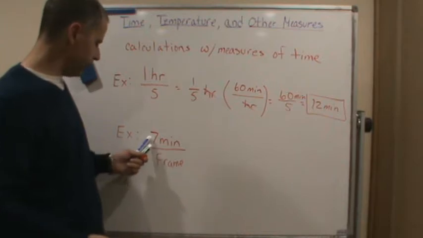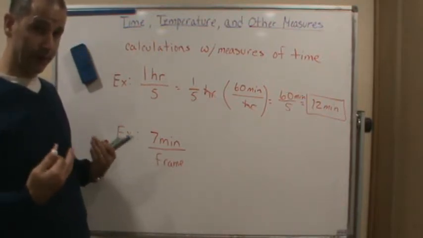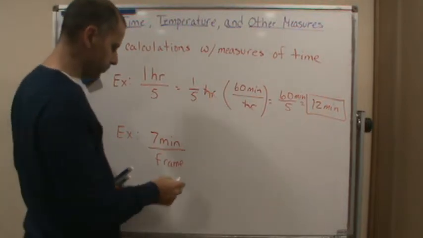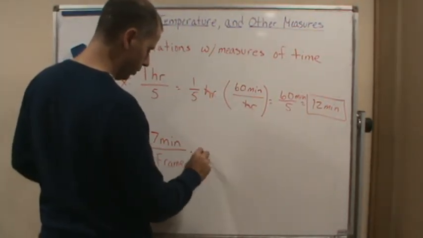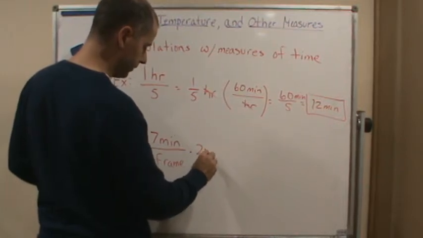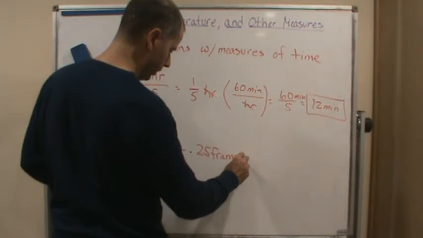Now, how long will it take him to construct 25 picture frames? Well, if it's 7 minutes per frame, and he wants to do 25 frames, we're going to multiply. Why?